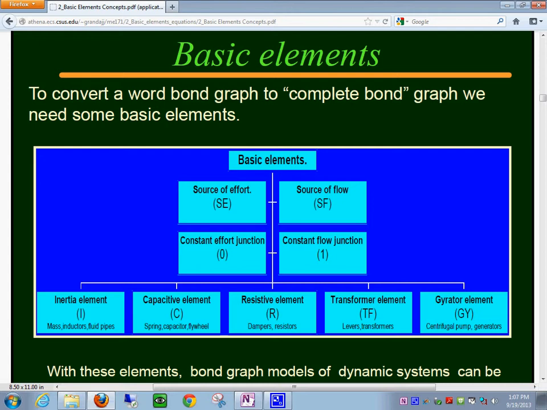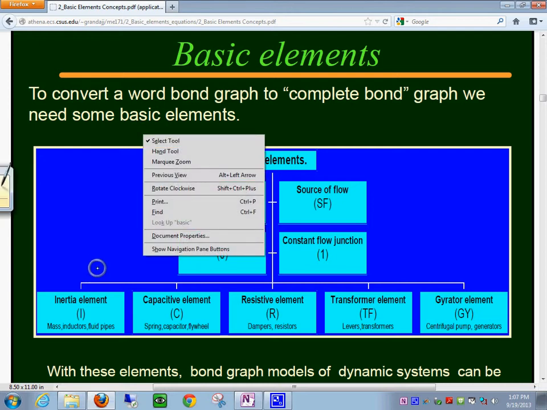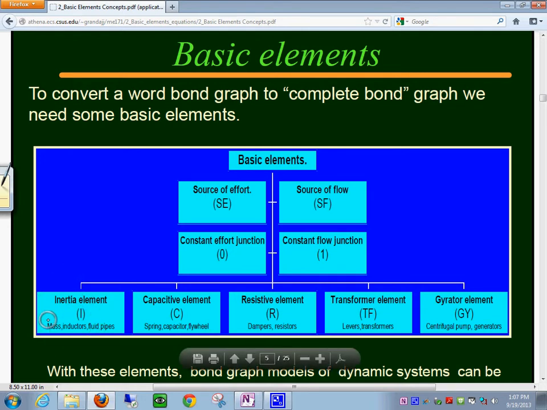See, we say that the element I will store kinetic energy, this will store potential energy, this will dissipate energy, this will transform energy, but there's only a few of these where we have a situation where the variable gets transformed, like a current into a torque, or the angular velocity is related to the force, the effort element, as opposed to one effort to another effort.